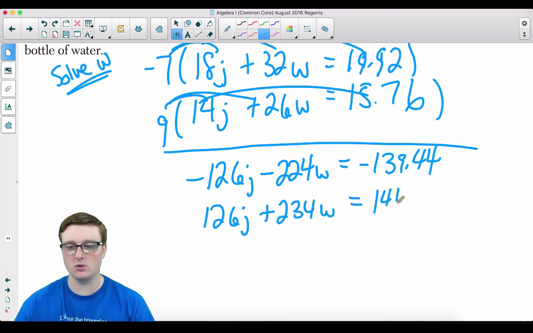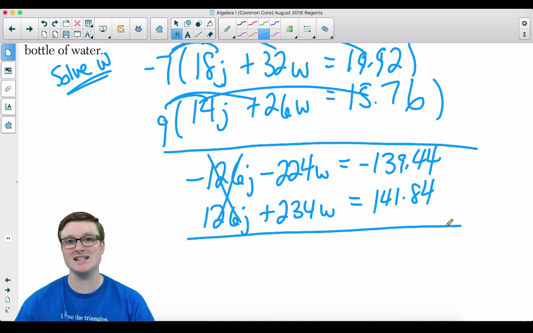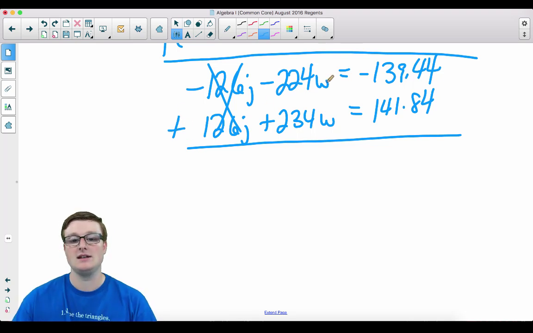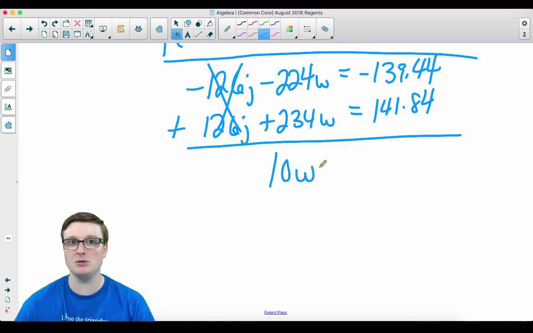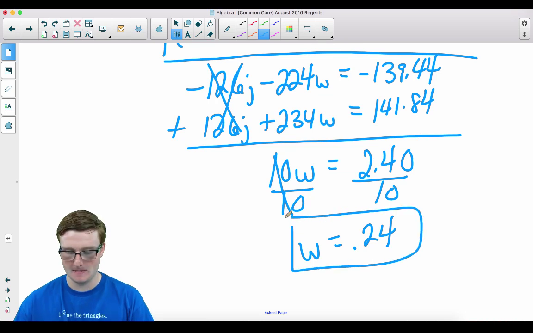That is equal to 141.84. So those -126J and 126J cancel. We add these up now. Negative 224 plus 234, that's equal to 10W, is equal to 240. Divide by 10 on both sides. You get a water bottle is 24 cents, or 0.24.